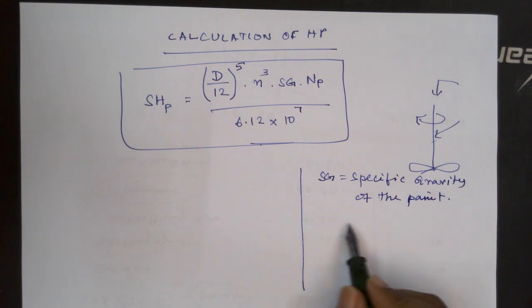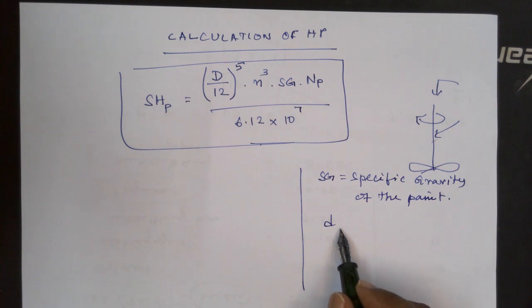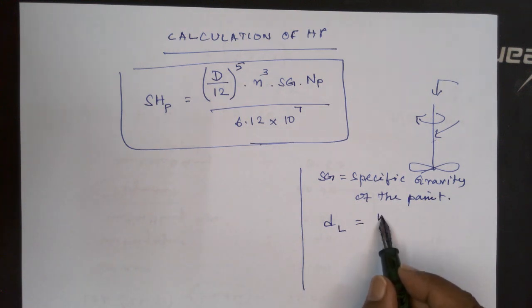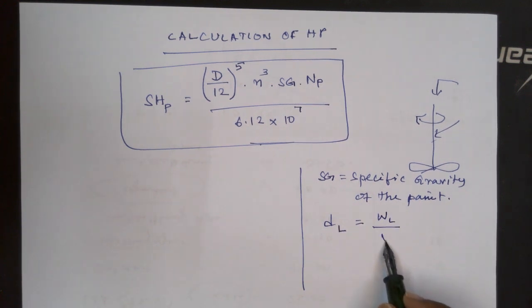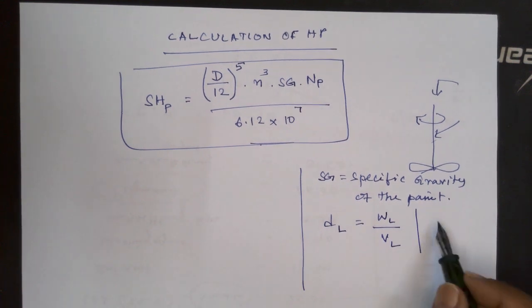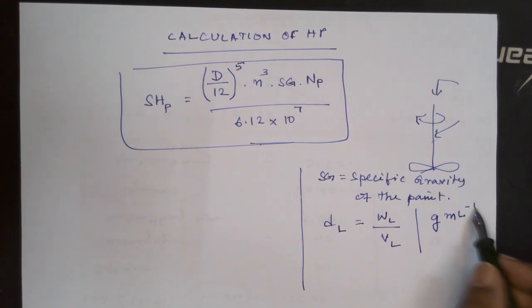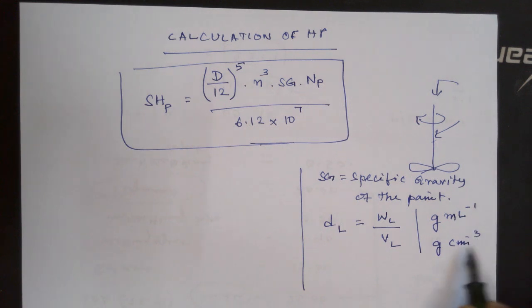Before that, you should understand some important concepts about density. Density of a liquid, let me call it dl, is equal to the weight or mass of the liquid divided by the volume of the liquid. Usually it is given in gram per milliliter or gram per cubic centimeter, both are the same.